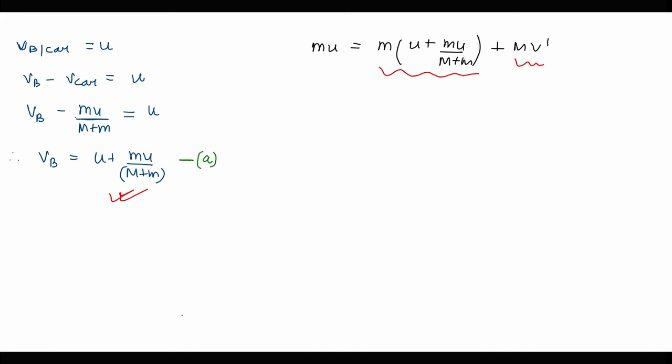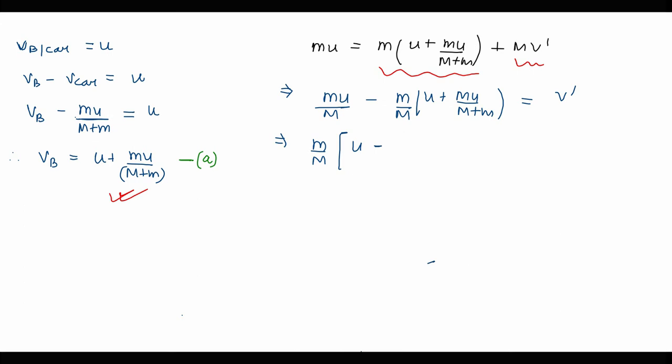Now if we solve for this particular part, we can write it as mu minus mu plus mu upon capital M plus small m is equal to capital M v dash. So v dash can be written in this way: we have taken capital M common, and the expression can be written as m by M into u minus u plus mu upon M plus m, which is equal to v dash.